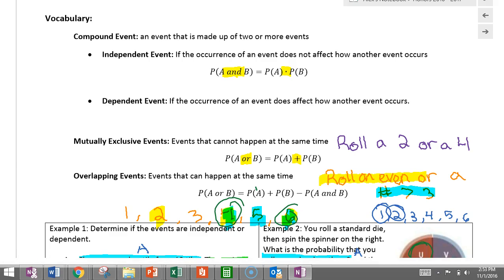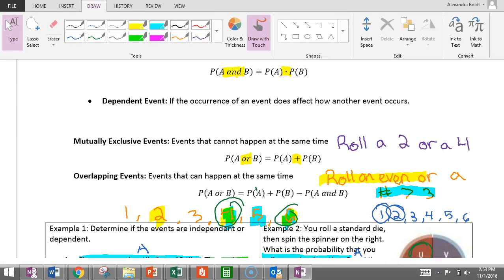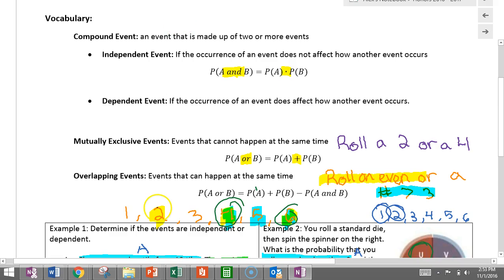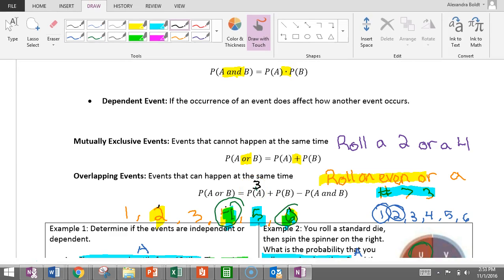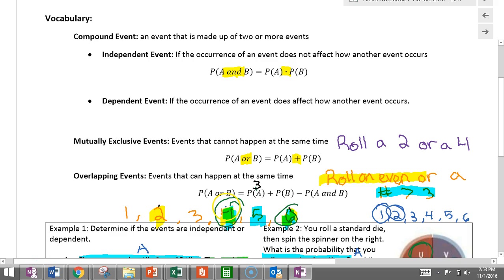So when I have overlapping events, we add together those two probabilities, but then we have to subtract the probability of both of those happening. So there's 1, 2, 3 places that A works. There's 1, 2, 3 places where B works, but then there's 2 places both of them do, so I have to subtract 2.